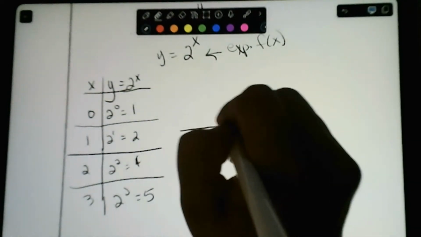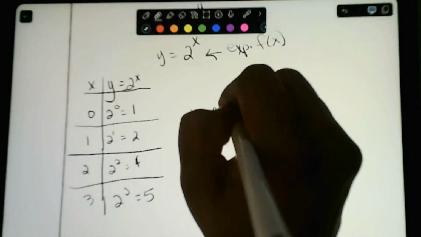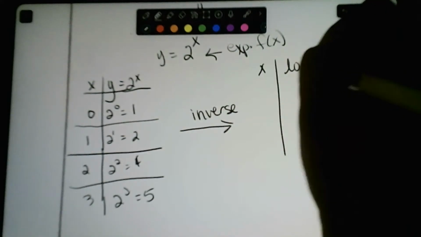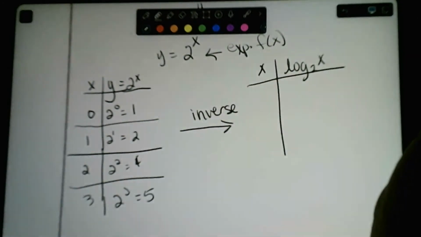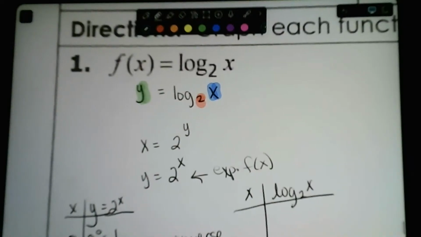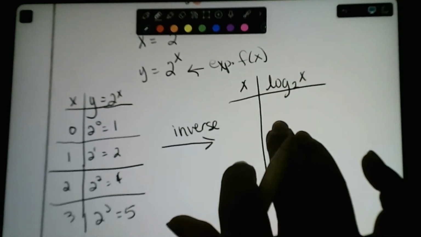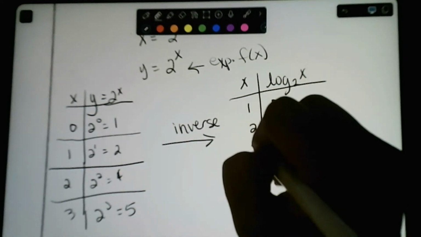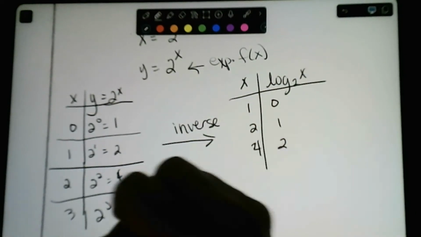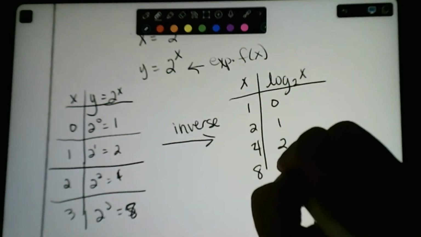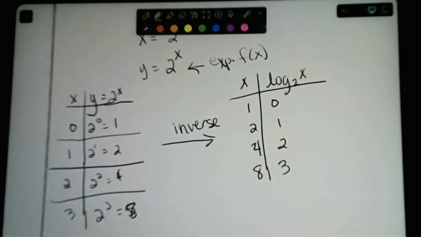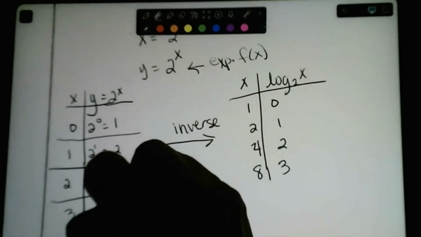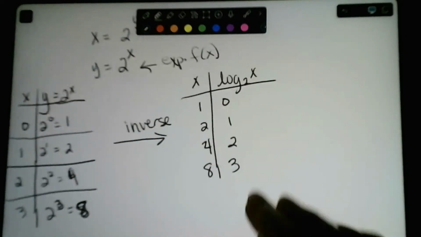And then if I'm going to grab the inverse to turn it into log base 2 of x, which was my original equation, I'm going to flop them. And all I'm doing is exchanging the values. Sorry about writing 5 here. I don't know what I was thinking. And this is what I want to graph.